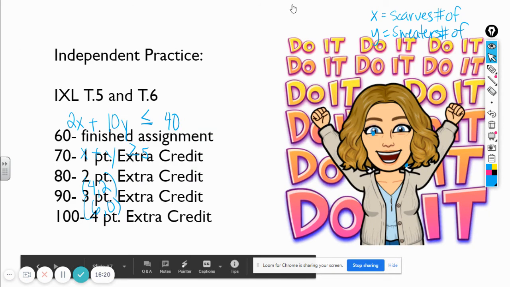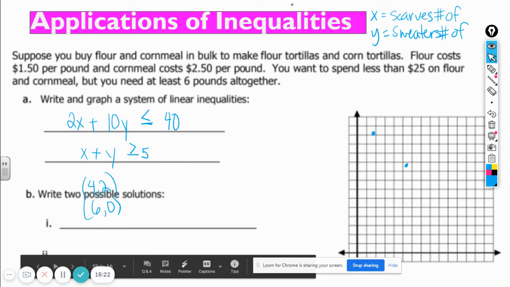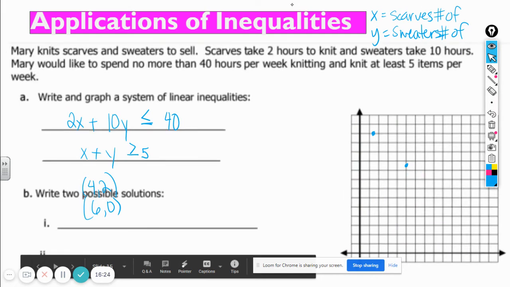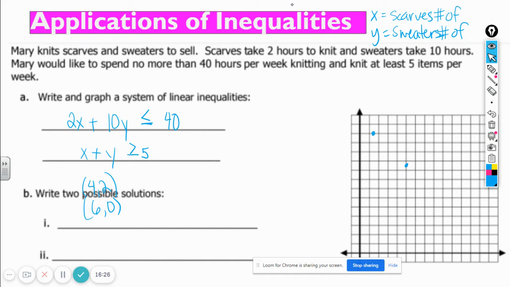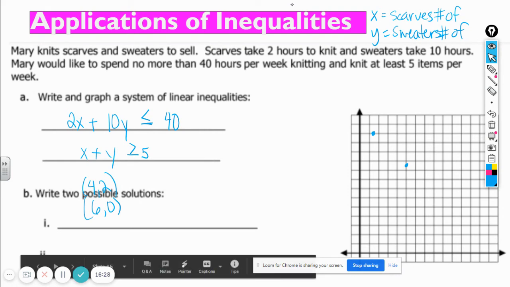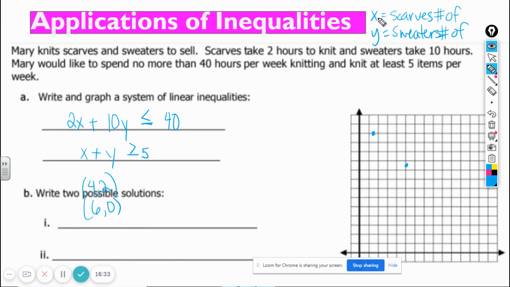Scarves and sweaters. Okay, so I have these 2 possible solutions. What do they mean? Go back to what was X and what was Y. So X was the number of scarves. So you could do a combination of 4 scarves and 2 sweaters.